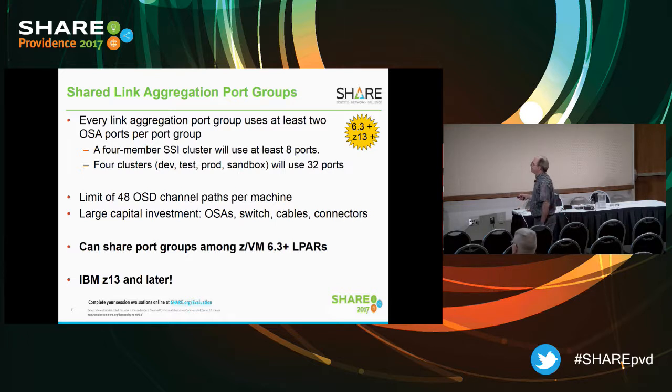Now, I got 4 members in a cluster, so a total of 8 ports. If I have 4 clusters, I'm up to 32. The zeros are starting to appear at the end of the bill, right? And people are now starting to ask me questions. I will point out we have a limit of 48 OSD channel paths on the system.